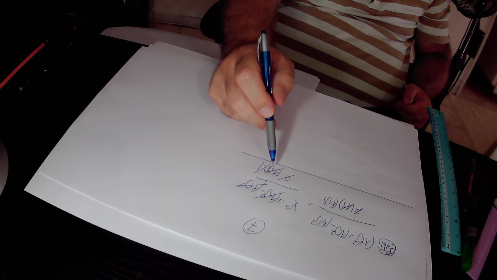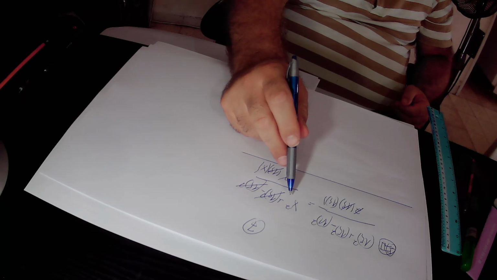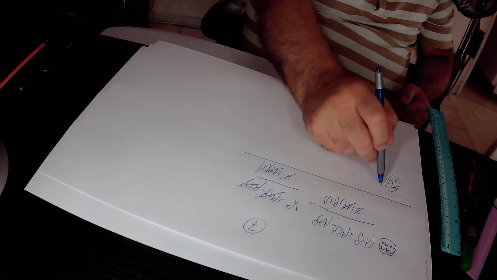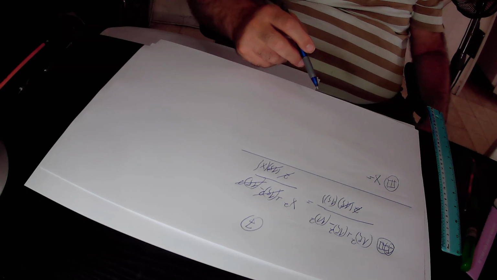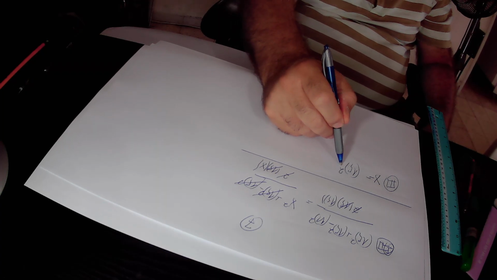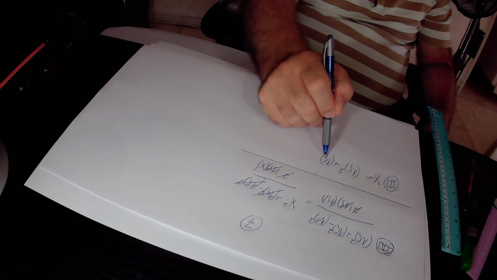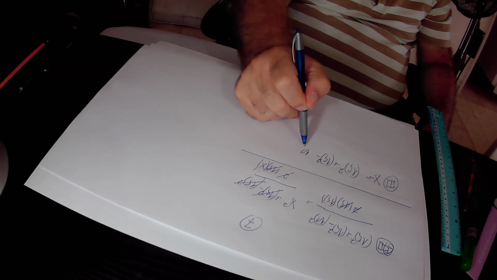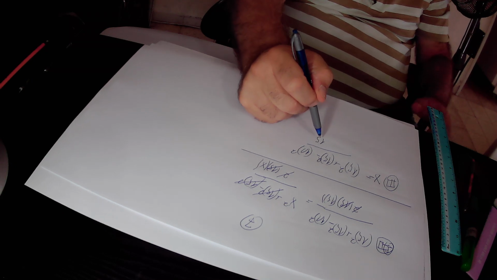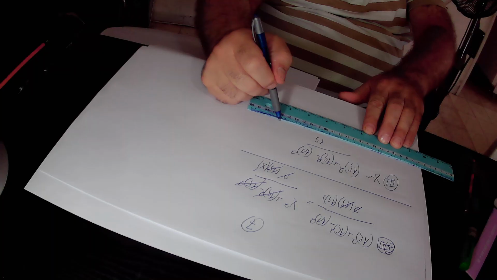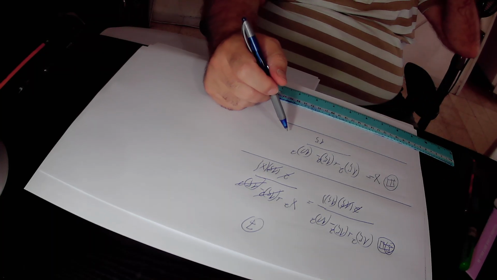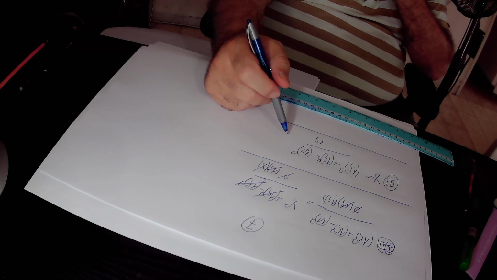X squared over x is x. On the other side of the equation, we have 15 squared plus 15 squared minus 10 squared divided by 15. So in total we found out that according to equation 3, x, the line segment that we are looking for in this question, is equal to 15 squared plus 15 squared minus 10 squared over 15.